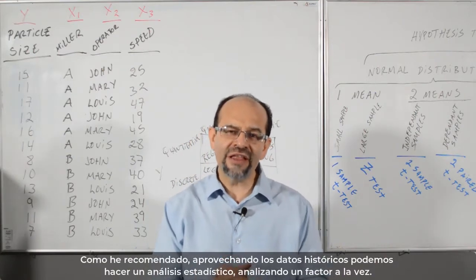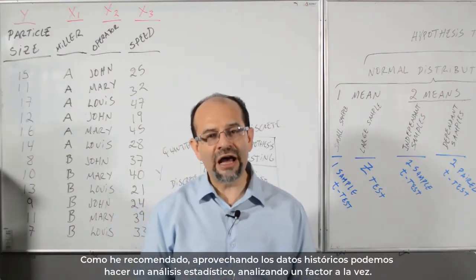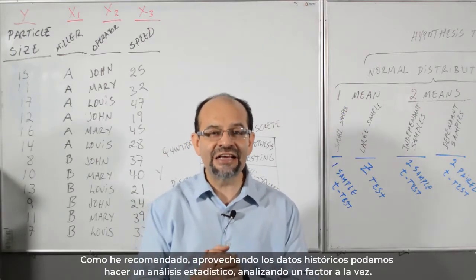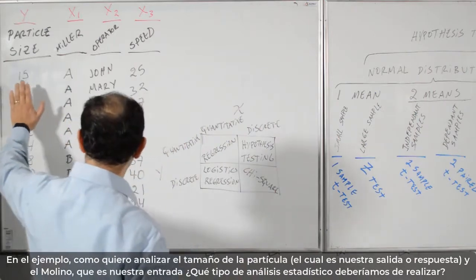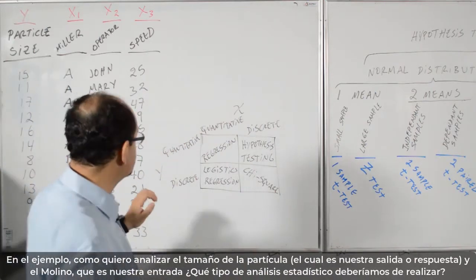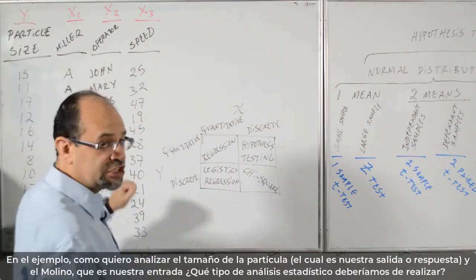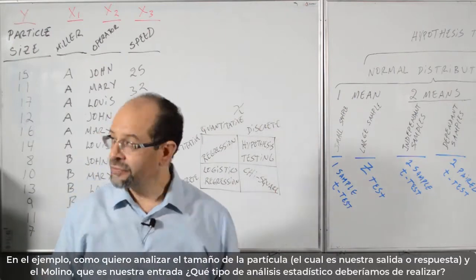As I have recommended, taking advantage of the historical data, we can do statistical analysis analyzing one factor at a time. For instance, in the first example, if I want to analyze the particle size, which is our output, our response, and the Miller, which is our input, what type of statistical analysis should we do?